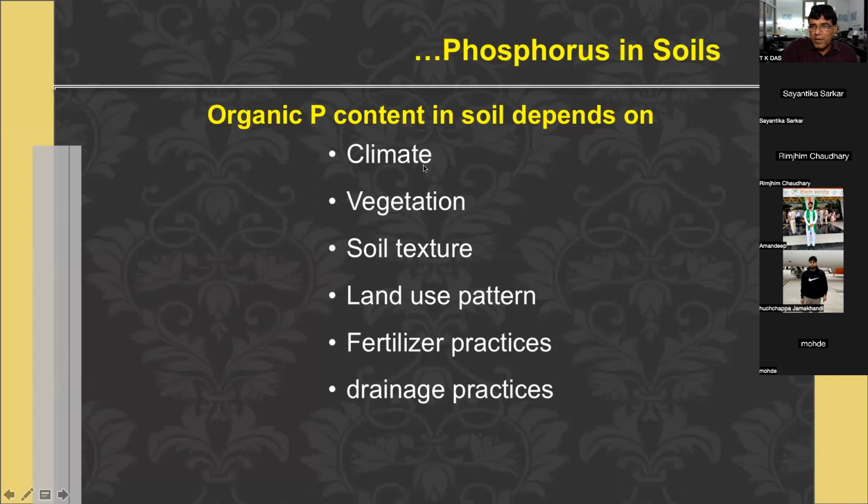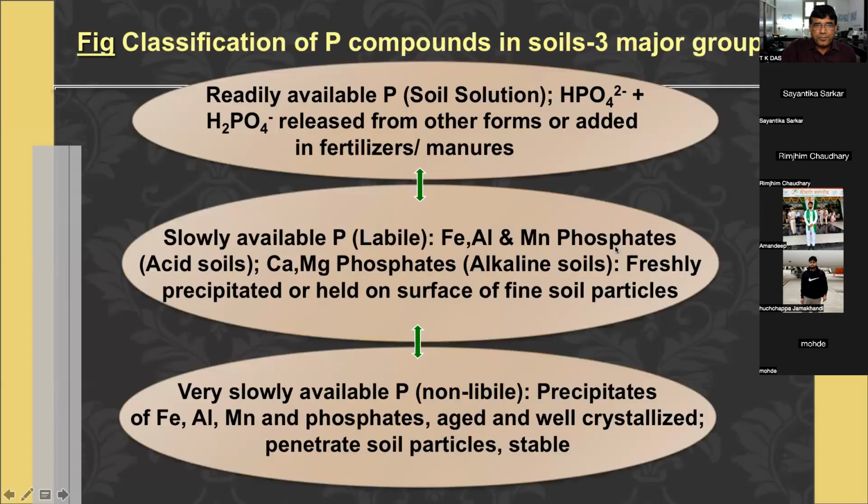So you can see climate, means climatic conditions where you have favorable organic matter deposition, you will have more organic phosphorus. Similarly, vegetation, soil texture, land use pattern, fertilizer practices or drainage practices. So you can try to understand. It's not possible to explain everything in detail, but you put your own thinking into how I can explain this organic phosphorus content in soil depends.